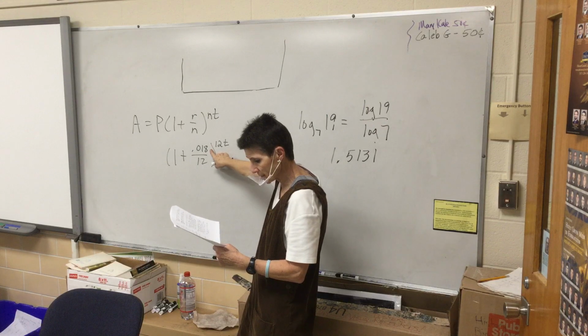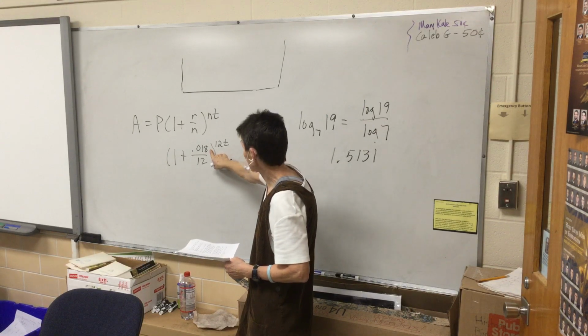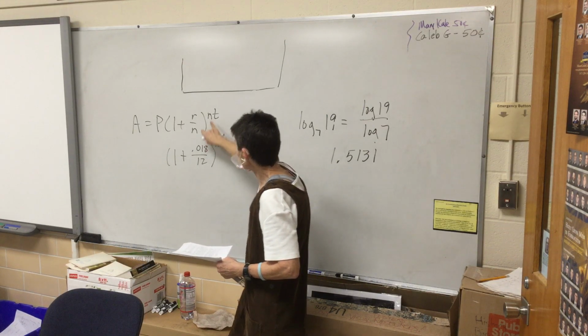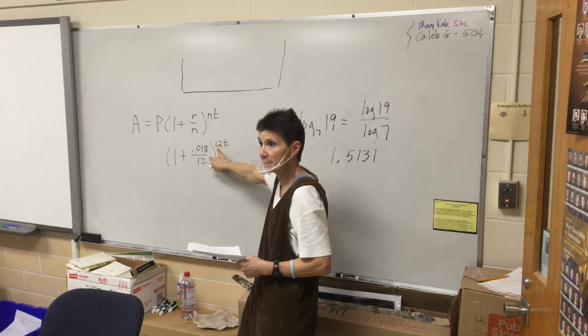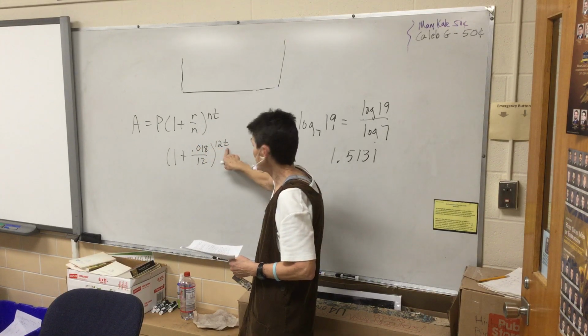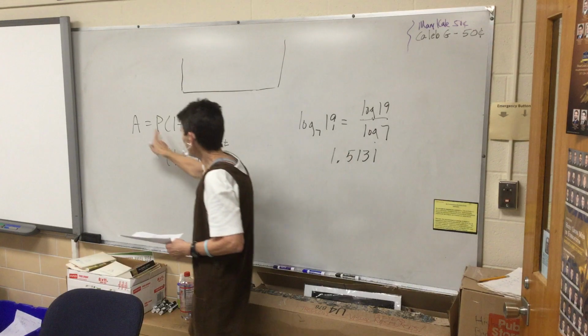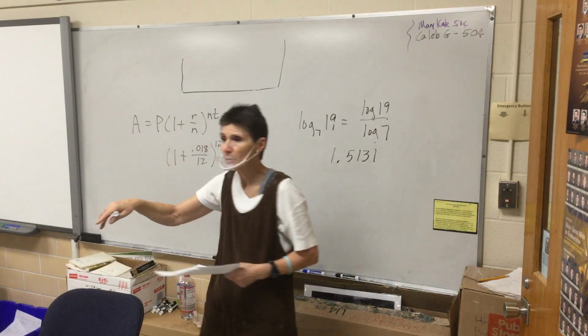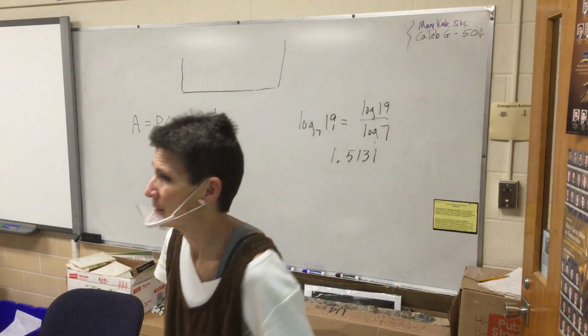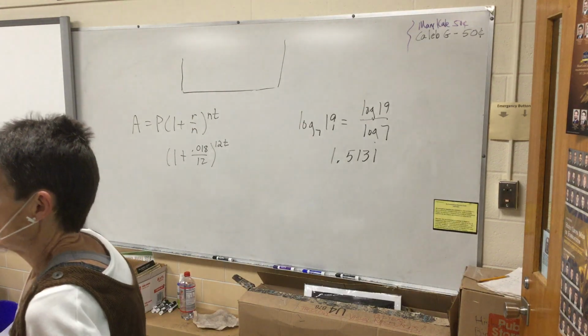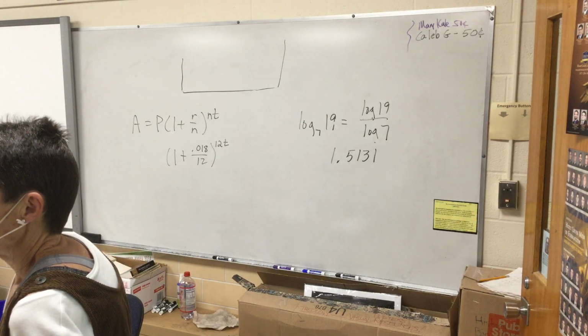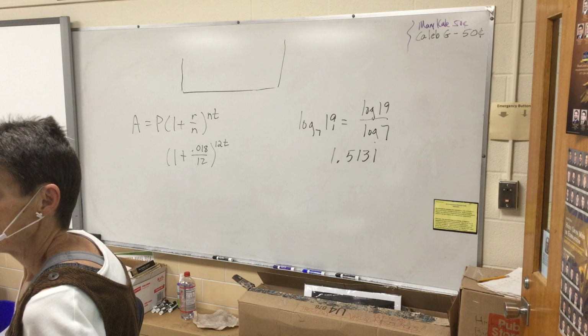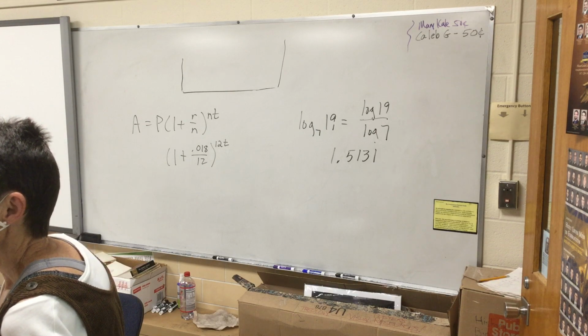My interest rate is 1.8, monthly, so that N is how many times a year? That's monthly, 12. T is my unknown. What am I going to do over here? What am I going to put in for A and P? X for P and 3X for A.